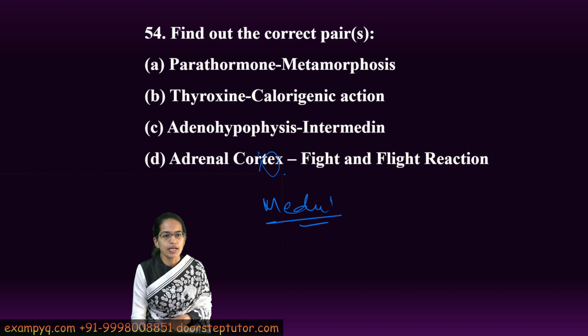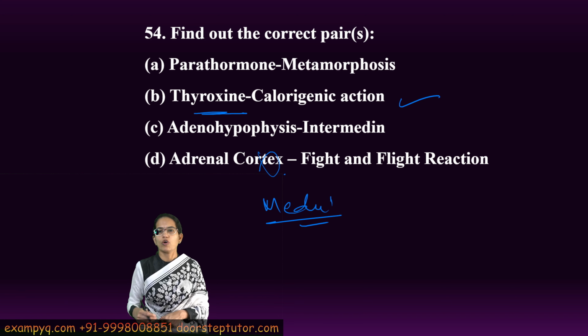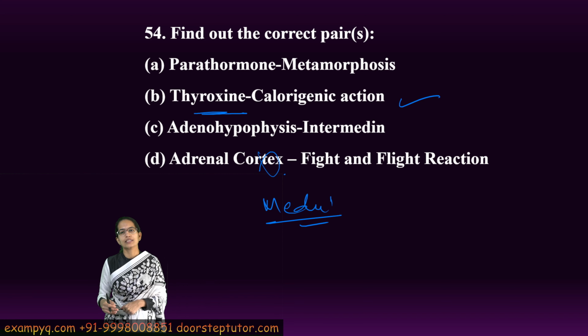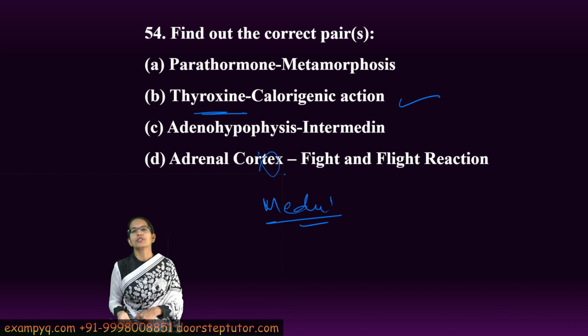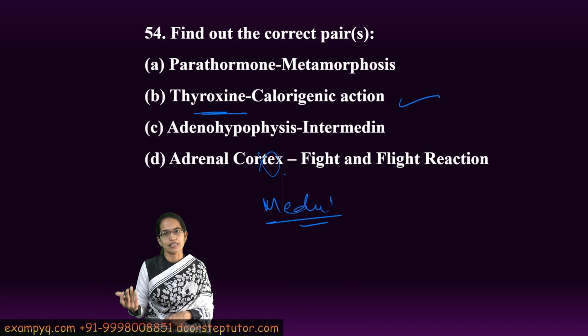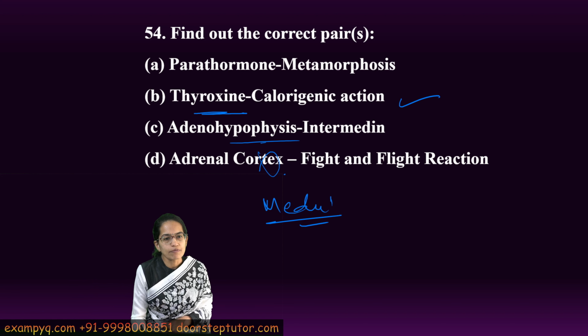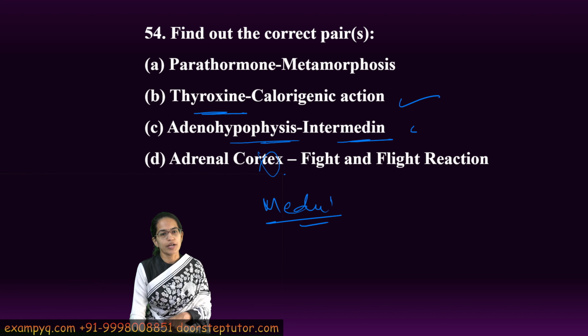Thyroxine is responsible for calorigenic action, which is correct. Thyroxine increases catabolism, produces more energy and increases the temperature of the body. So B and C are the correct options here.